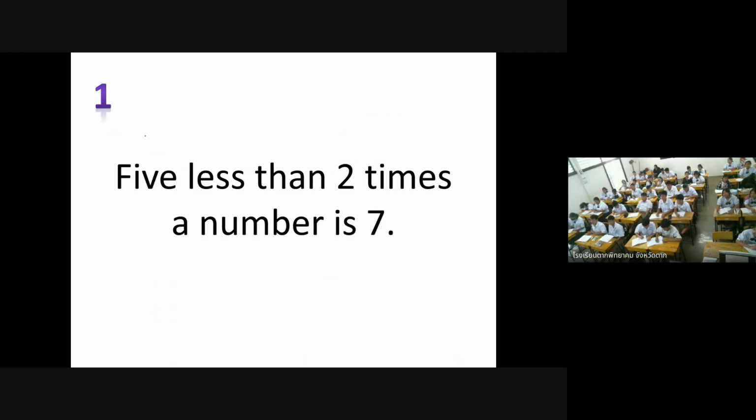Less than, 2 times the number, so 2x. But again, we're dealing with less than, so we switch the order.